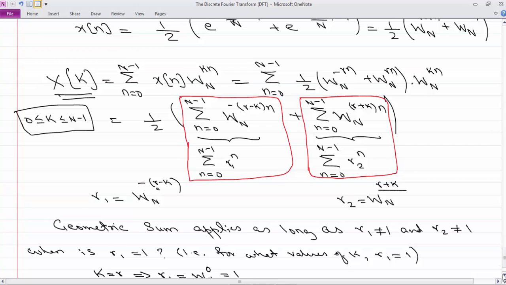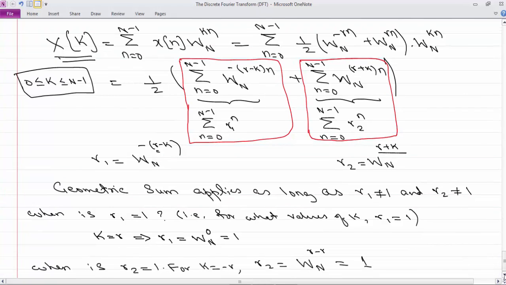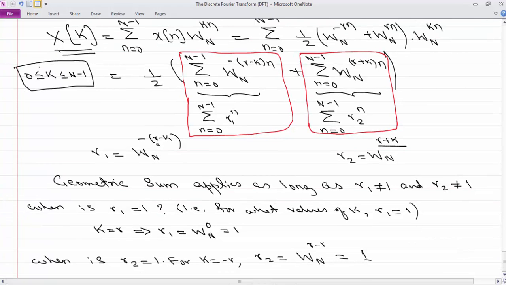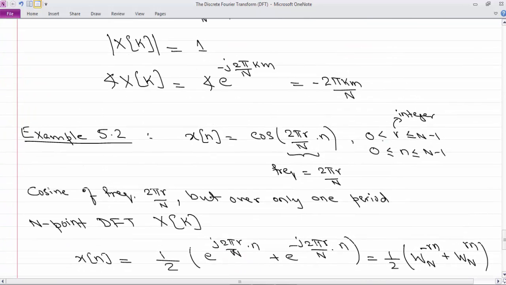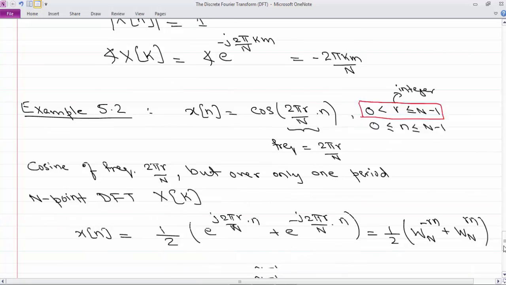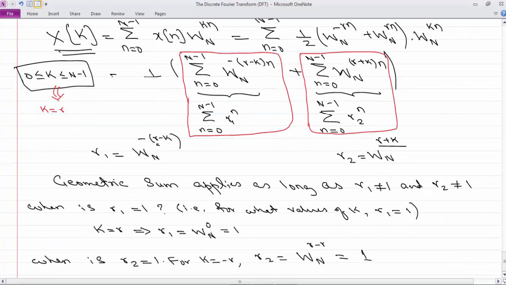Now, let's look at this. There is this additional factor, which is that we are looking at k between 0 and N minus 1. When we said k equals R, and if you go back to the condition on R, which is that R is between 0 and N minus 1, it indeed belongs to this range.